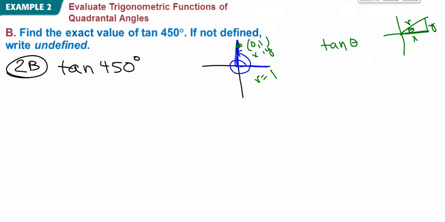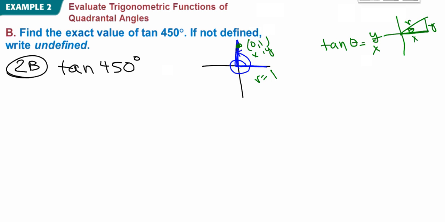Absolutely. Are you writing it down? Are you writing it down more than once? Because that's how your brain is going to pick up that pattern and know what it is if you don't already know what it is. Tangent, opposite over adjacent, so y over x. I don't memorize that little chart that we wrote at the beginning of the hour.